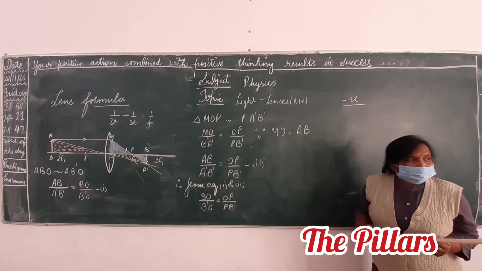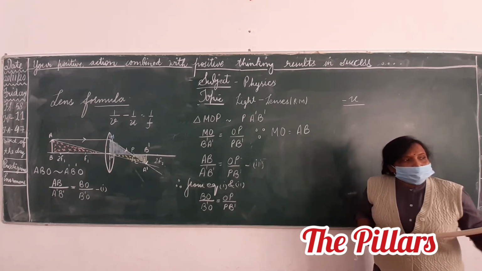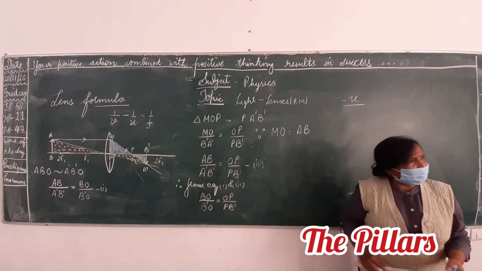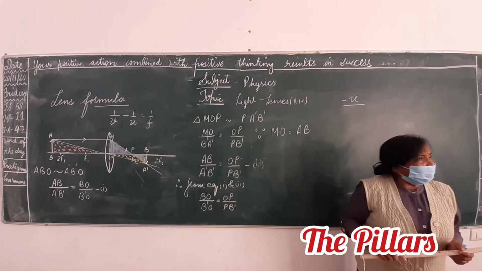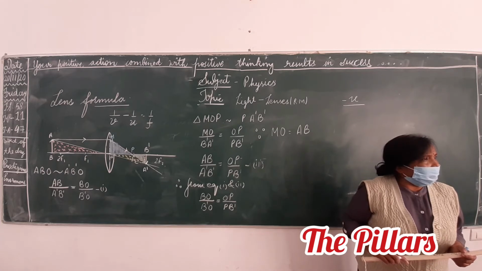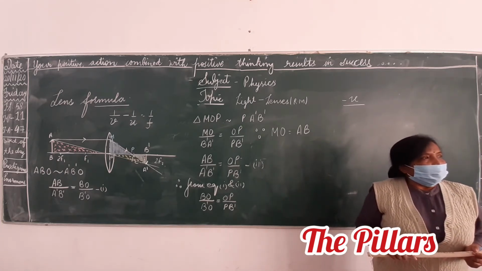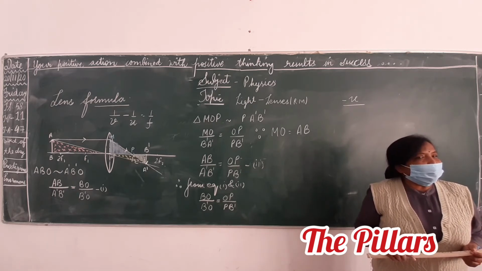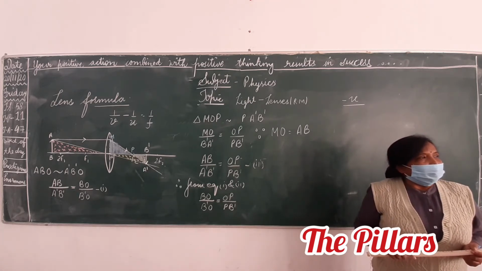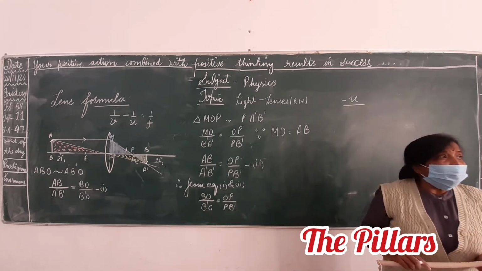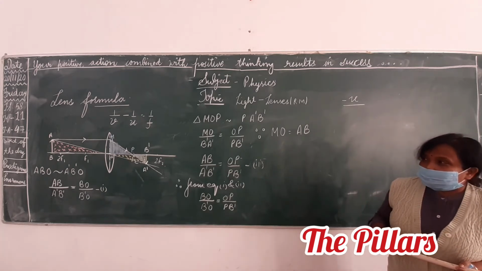Come on. You answer me. Stand up, beta. Think. What is B dash O? Shabash. How many of you know? Come on, Raj Jaiswal. Ma'am, object. Achha, object distance.